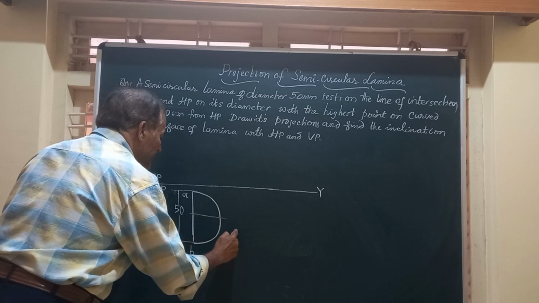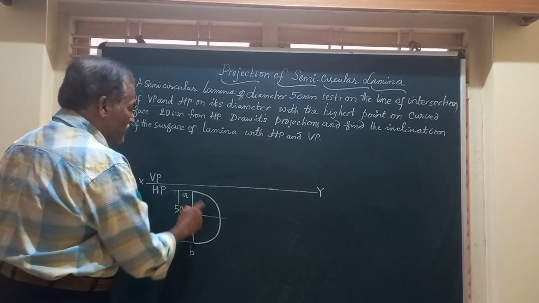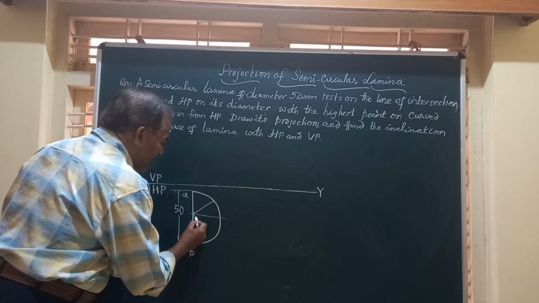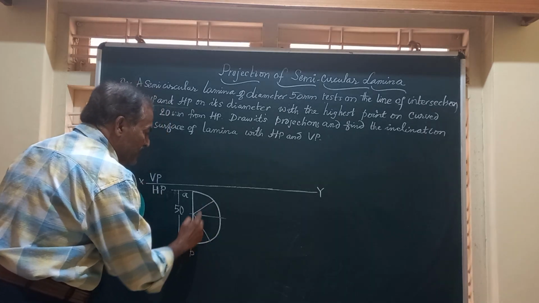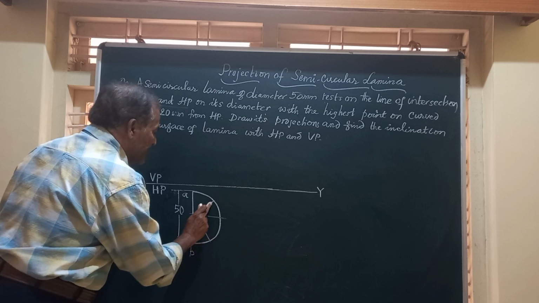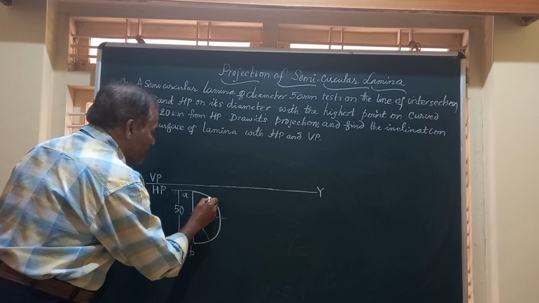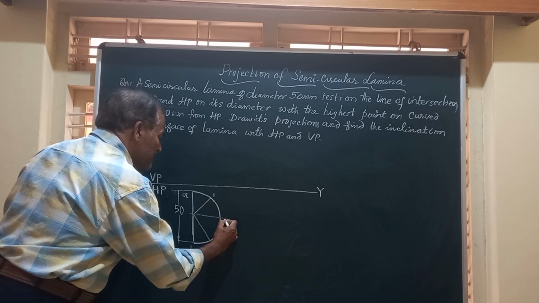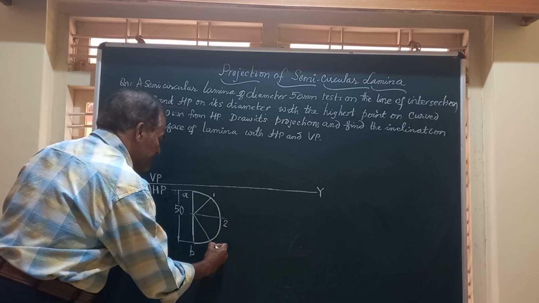So a horizontal line will divide the semicircle into 2 parts. Again a line here at an angle of 45 degree and the line here at 45. So totally the semicircle is divided into 4 equal parts. So I will call this as 1, this as 2 and this point as 3.